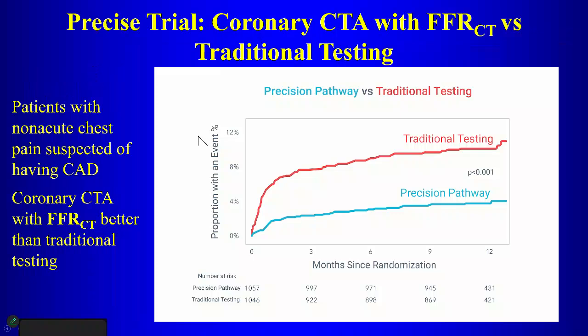In this study, they did that. They did coronary CTA with fractional flow reserve versus traditional testing and looked at the outcomes. That's called the precision pathway.